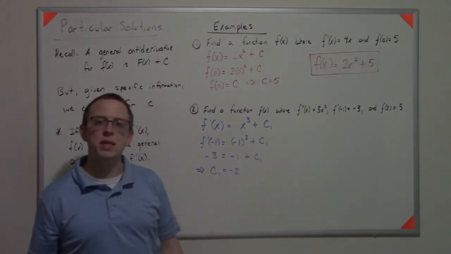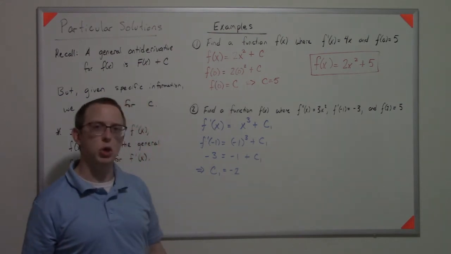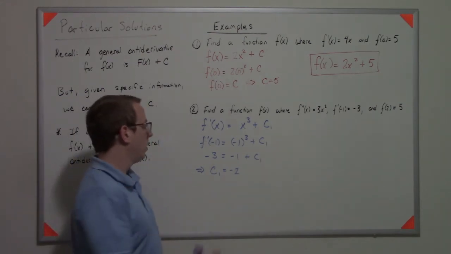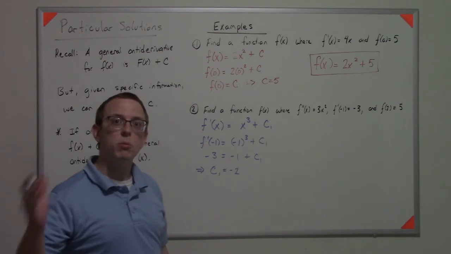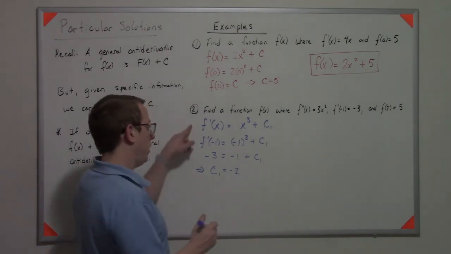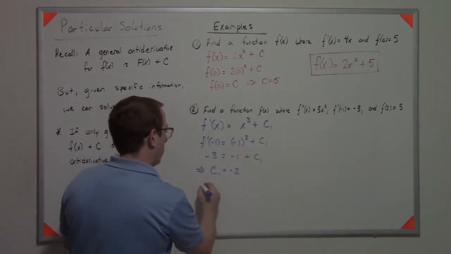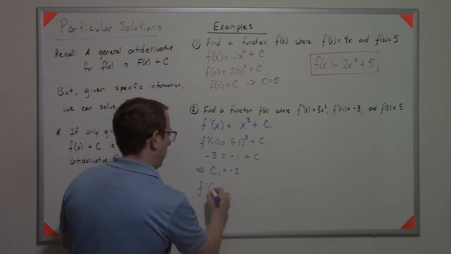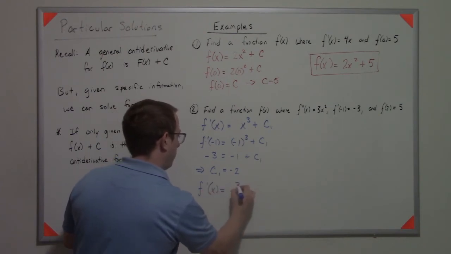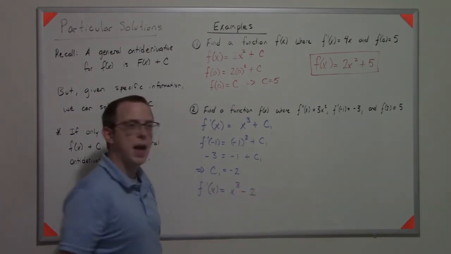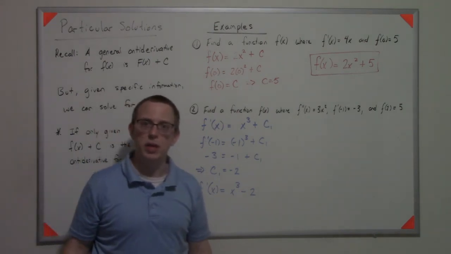So that tells me that c1 has to be negative 2. So what I'm going to do now is rewrite this with this information. I'm going to say x cubed minus 2 is f prime of x.